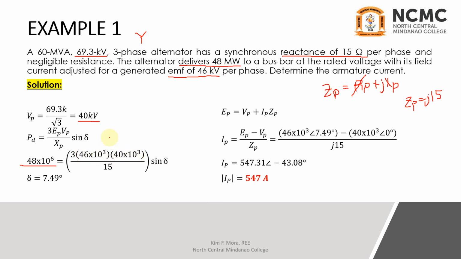Then we add VP, which is 40 kilovolts, over our XP, or the reactance, which is equal to 15, multiplied by sine of the angle.